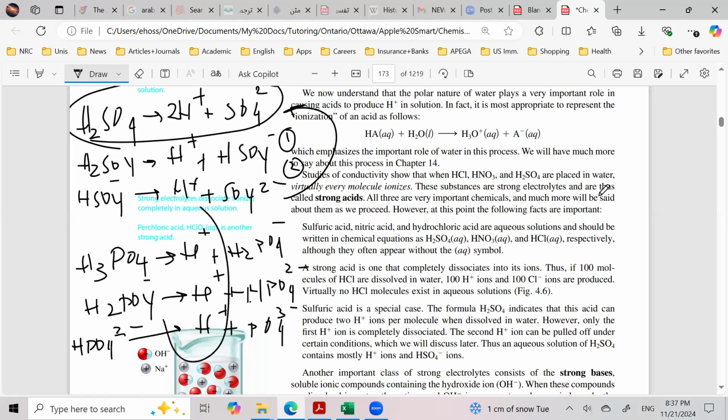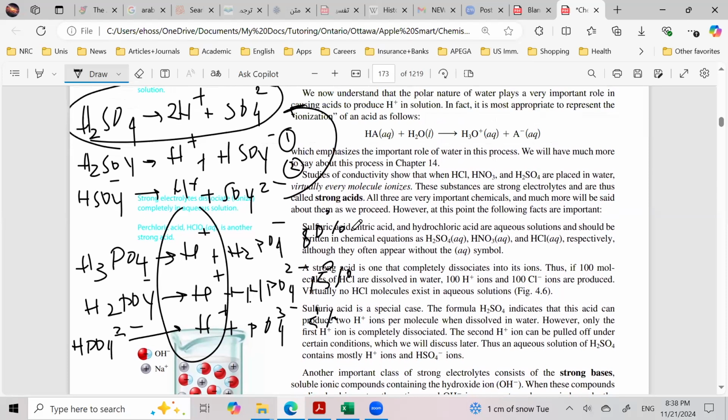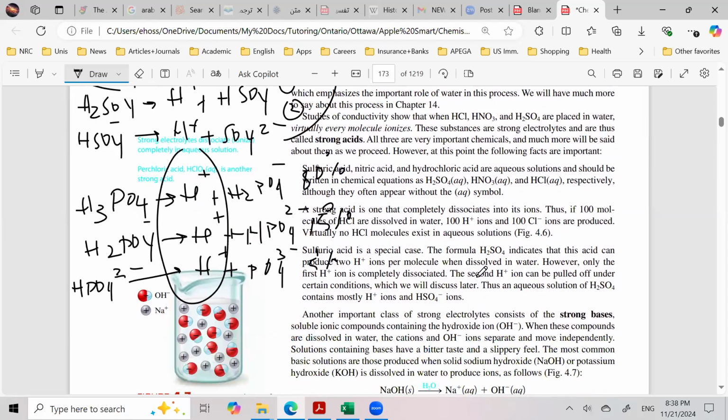So we have 3 positive hydrogens that are released in water one by one in 3 steps. The majority, 80%, are the first hydrogen, and then we have about 15% second hydrogen, and maybe 5% can actually do the third hydrogen. So that's why the first one is always the most. The second and third, the percentages would be less.